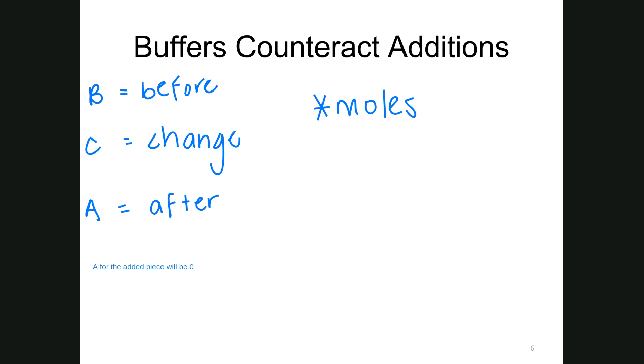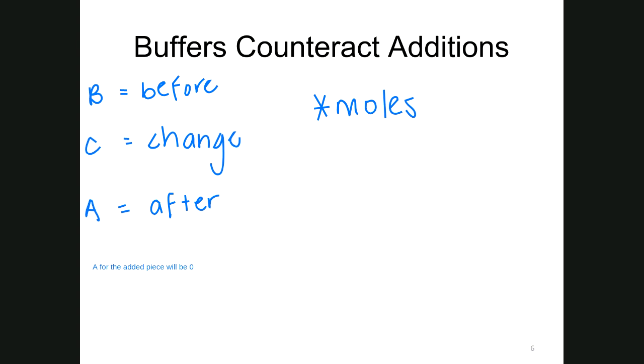So let's take a look at why we even use this type of BCA table. Why we need to figure out what the pH change is if the whole point of a buffer is to keep the pH relatively stable. Why would we have to use a BCA table to see what the new pH is after adding something to it?